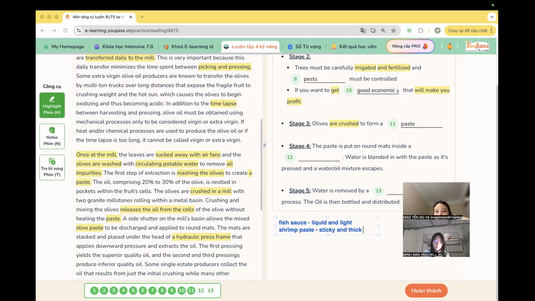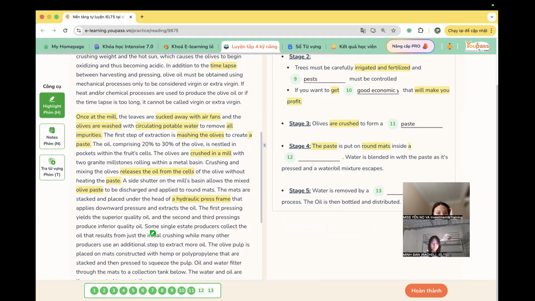So that's why they mentioned after they crush, it still has the solid, the water and oil together. So it's really sticky and thick to say paste. And you even have the suggestion here that paste is put on round mats inside something.